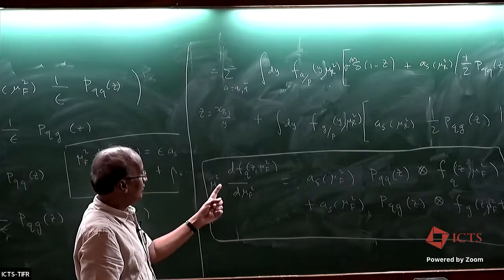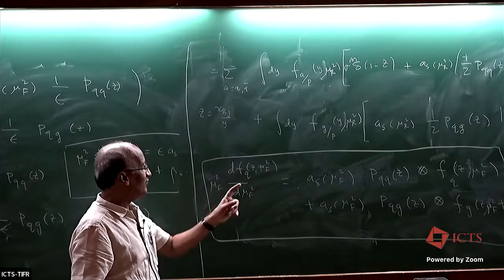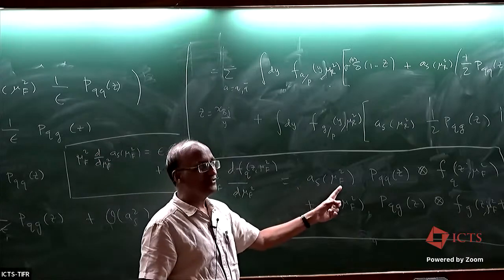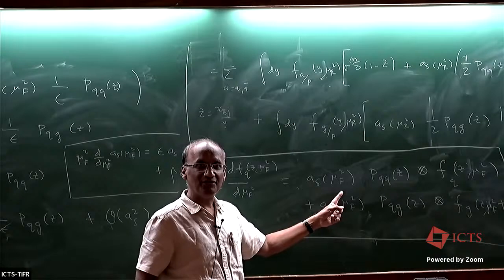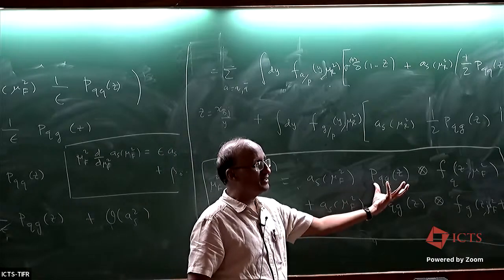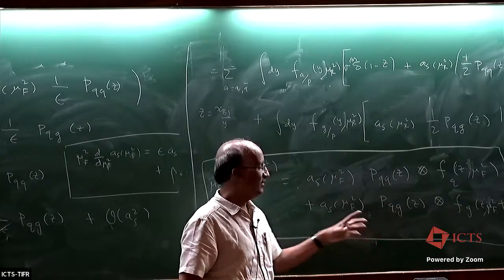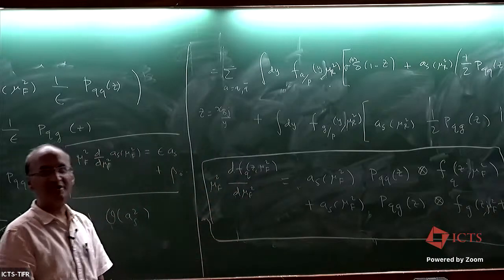So it tells you how the renormalized PDF evolves as a function of the scale mu_f. It's like a renormalization group equation. Instead of the beta function here, you have some splitting function. And this equation has a very famous name actually.